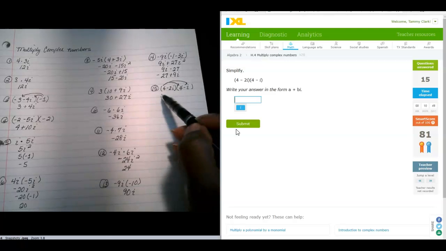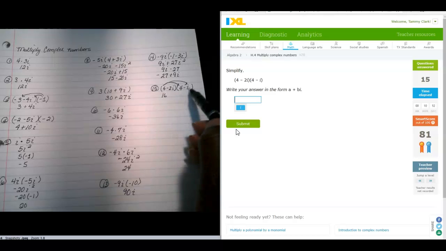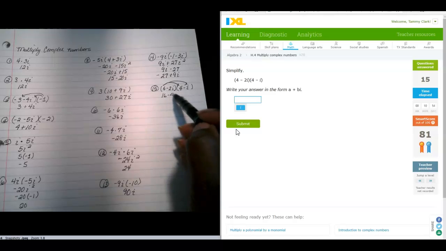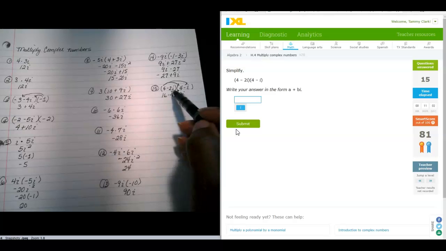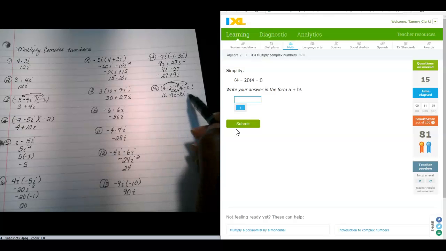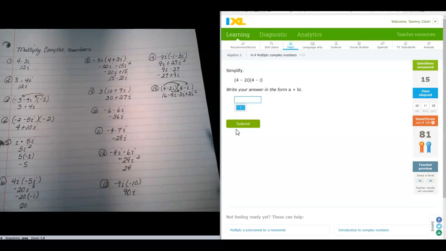So 4 times 4 is 16. 4 times negative i is negative 4i. And then negative 2i times 4 is negative 8i. And then negative 2i times negative i is positive 2i squared.